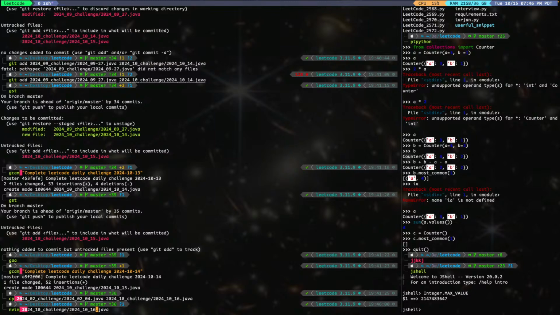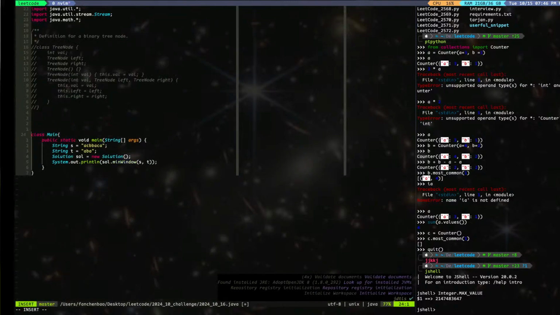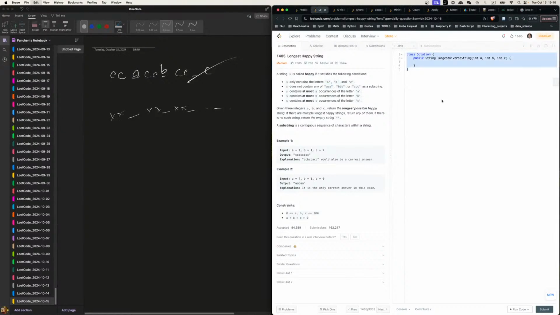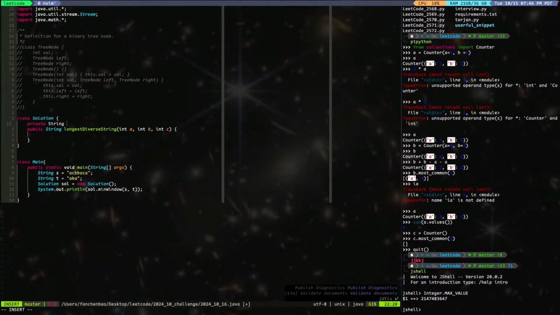So basically, we'll have a function. Let's call it makeString. We also need to know if it's A or B. Oh my goodness.